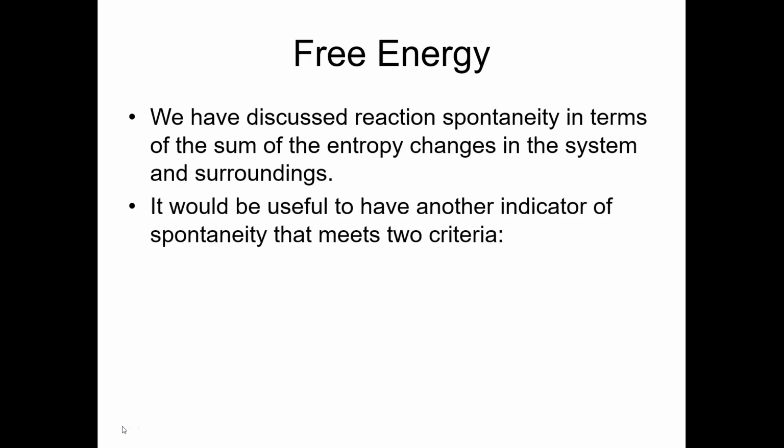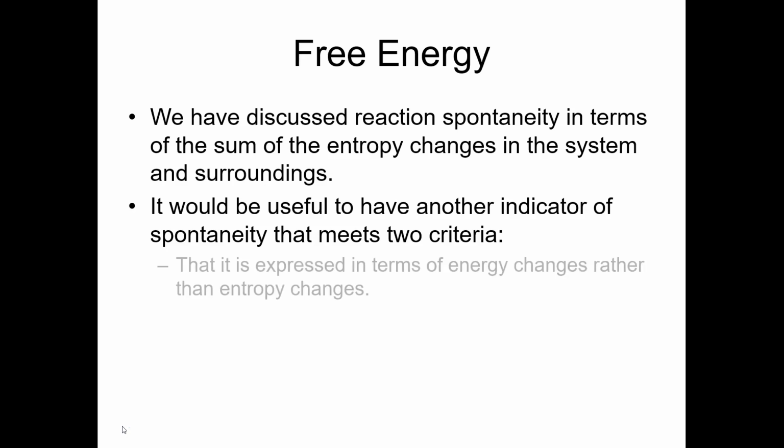Although we can use that as a way of determining whether a reaction is going to be spontaneous, it would really be more useful to us in terms of talking about chemical reactions to have another indicator of spontaneity that would do a couple things for us. Number one, that would be expressed in terms of energy rather than entropy changes, because energy changes are relatively straightforward to calculate and tabulate.